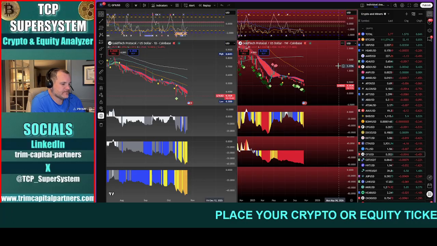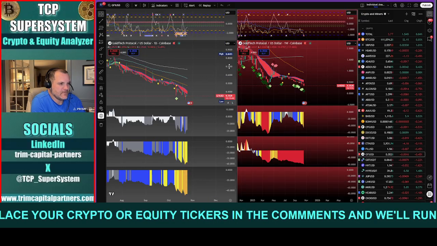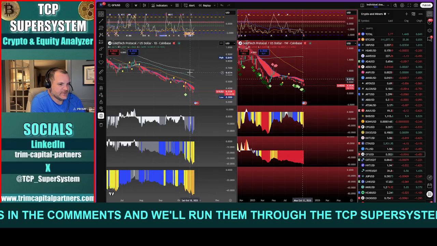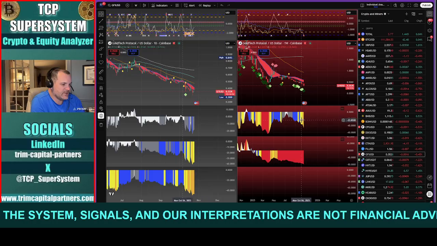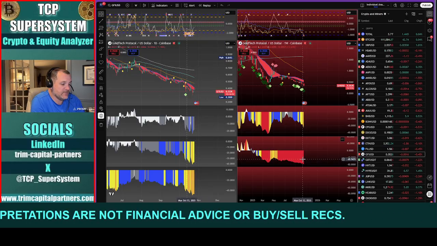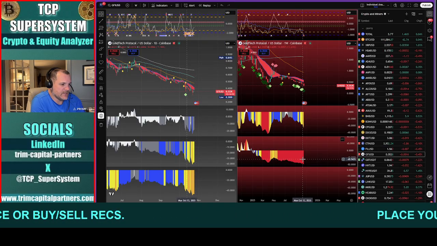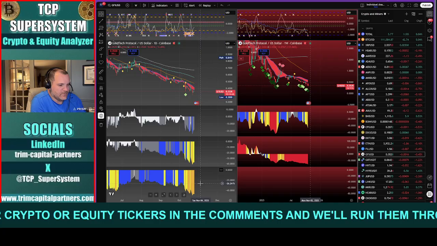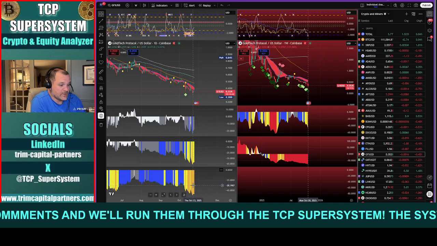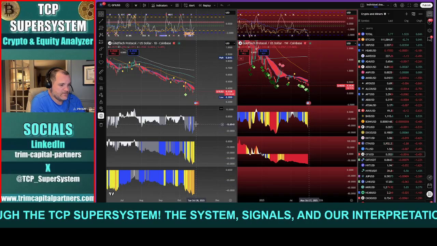Goldfinch. Uh-oh. Look at old Goldfinch. So we're getting a level 3 here on Goldfinch on the weekly, orange and red on the short term and medium term. I guess there's not enough data for the long term on the weekly view, but on the short term, we're orange, yellow, gray.